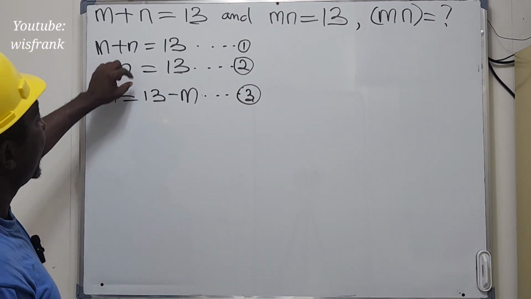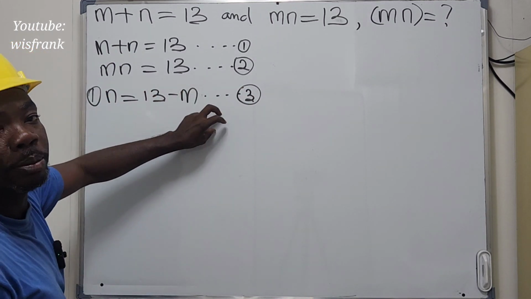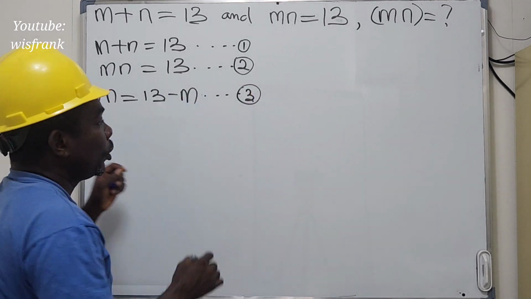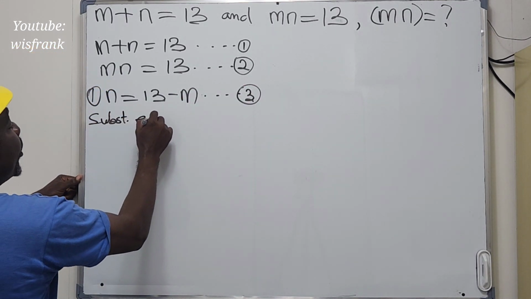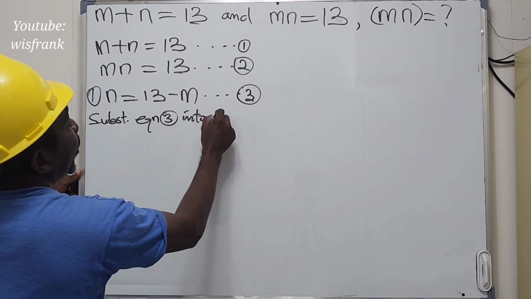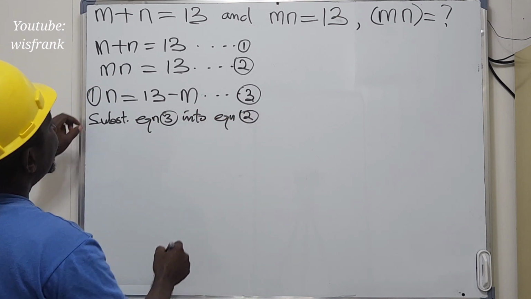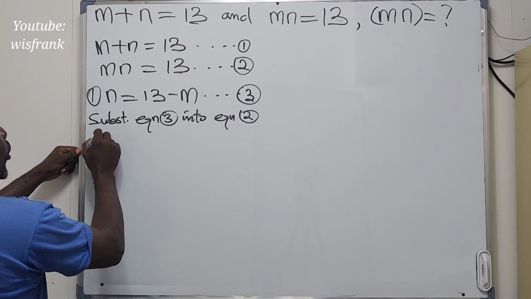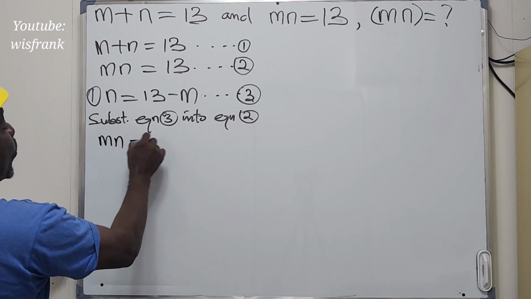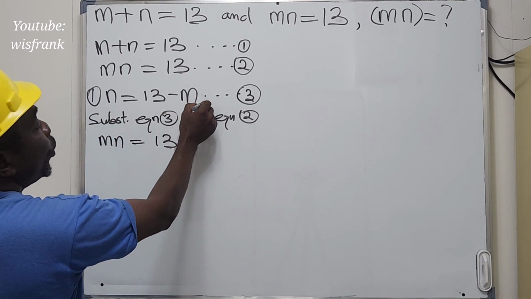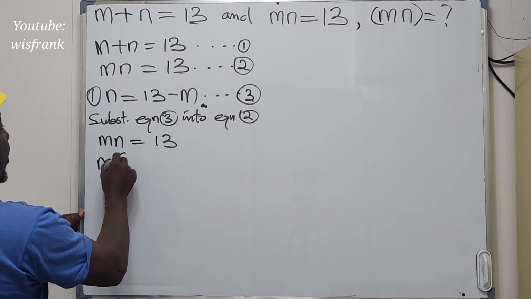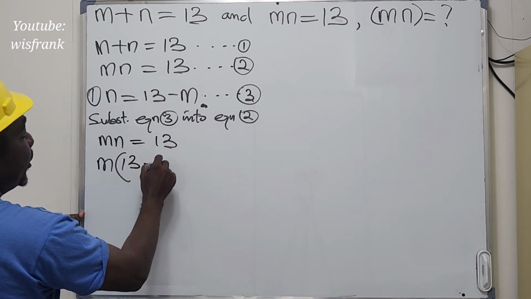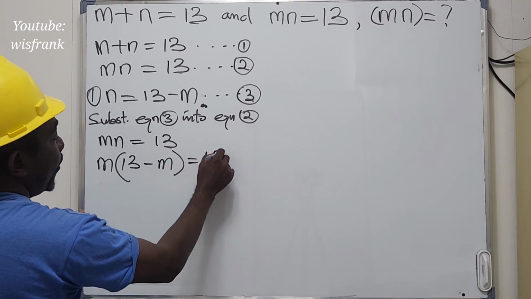So what we're going to do is substitute equation 3 into equation 2. Our equation 2 is mn equals 13. So as we said, we should substitute this into here. We will have m times (13 minus m) all equals 13.